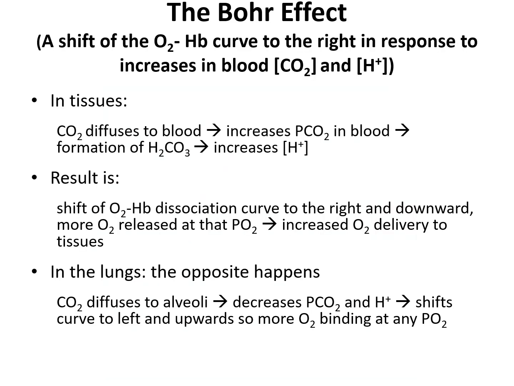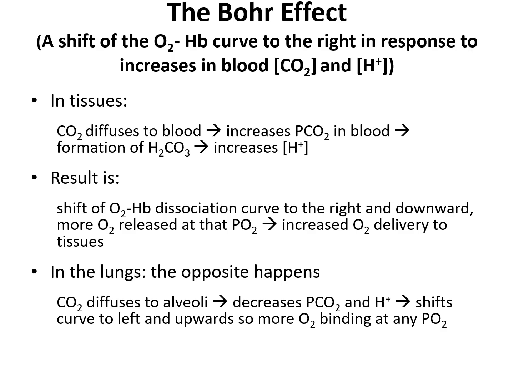How does this work? The increase in hydrogen and CO2 causing a decreased affinity to oxygen is referred to as the Bohr effect. That is the shift of the O2 curve to the right in response to these changes. So what happens? In the tissues which are functioning, CO2 is being produced.